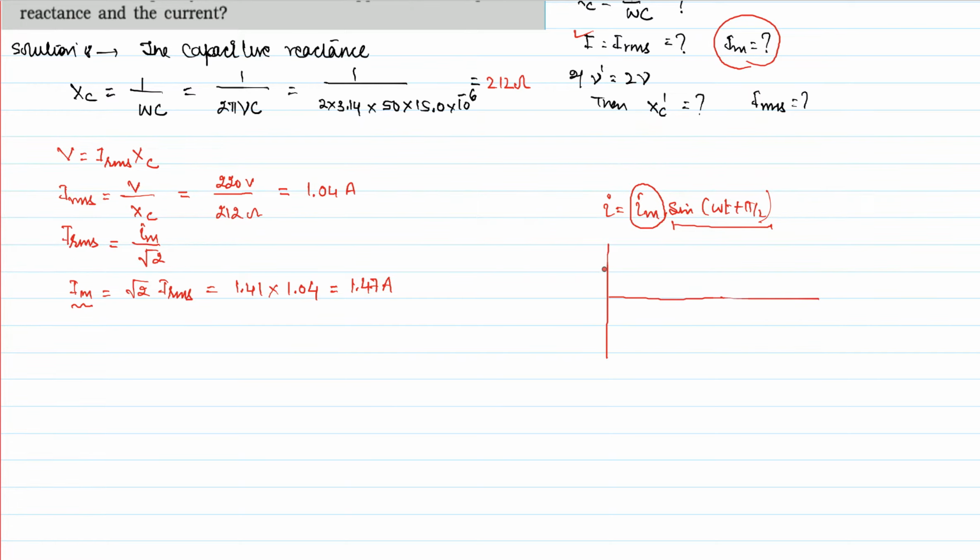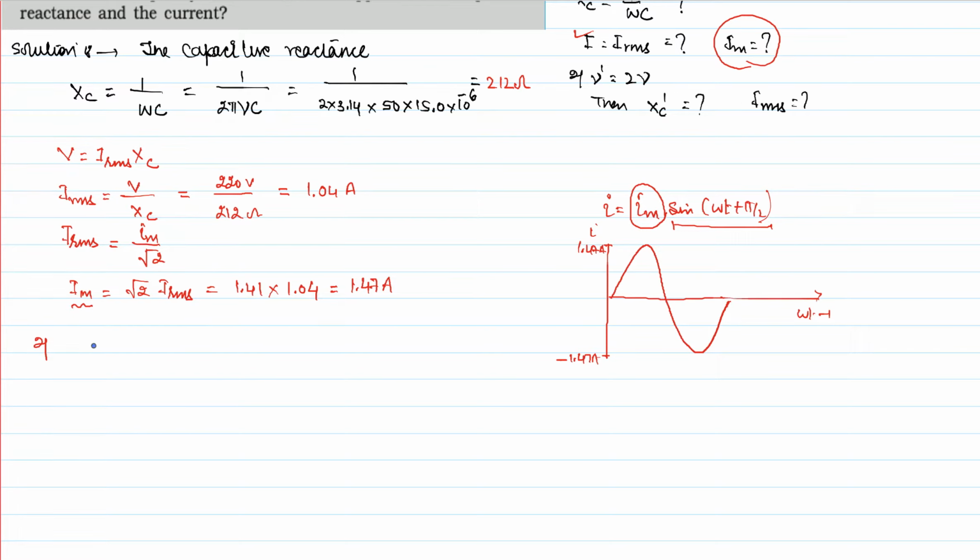Here Im is 1.47 ampere and this part is minus 1.47 ampere, so this could be shown like this. This is the variation of current with time.